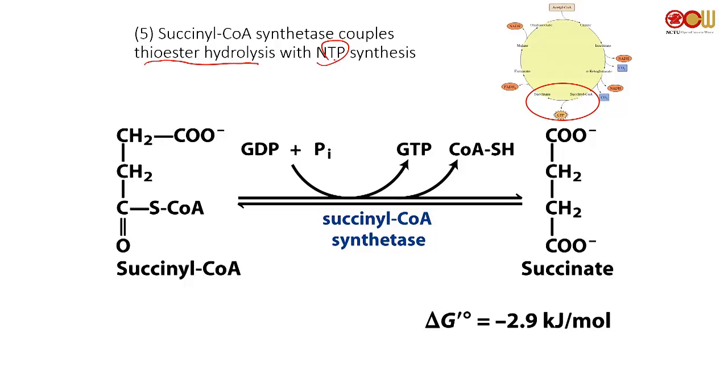Now, in eukaryotes, like mammalian cells, we generate GTP, but in, for example, E. coli, they generate ATP. It doesn't really matter. It's just a nucleotide triphosphate. So it's fairly simple.